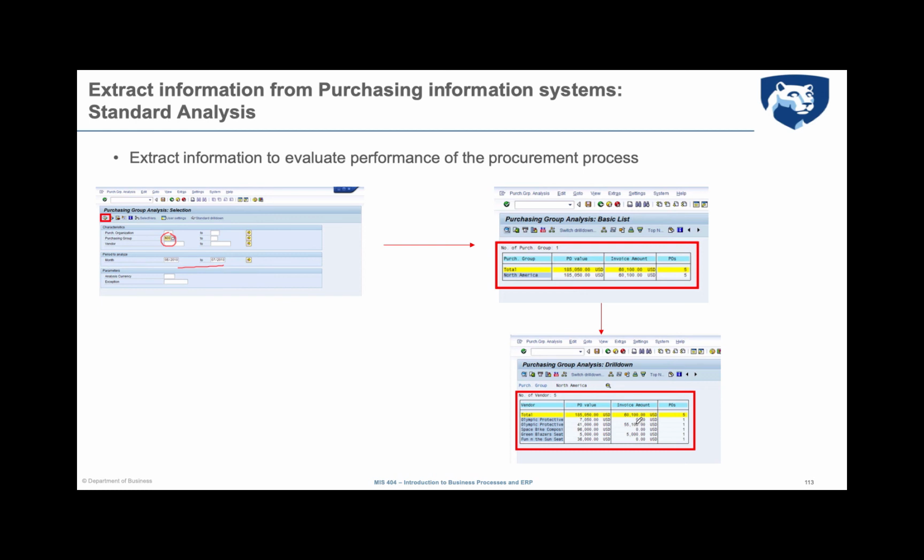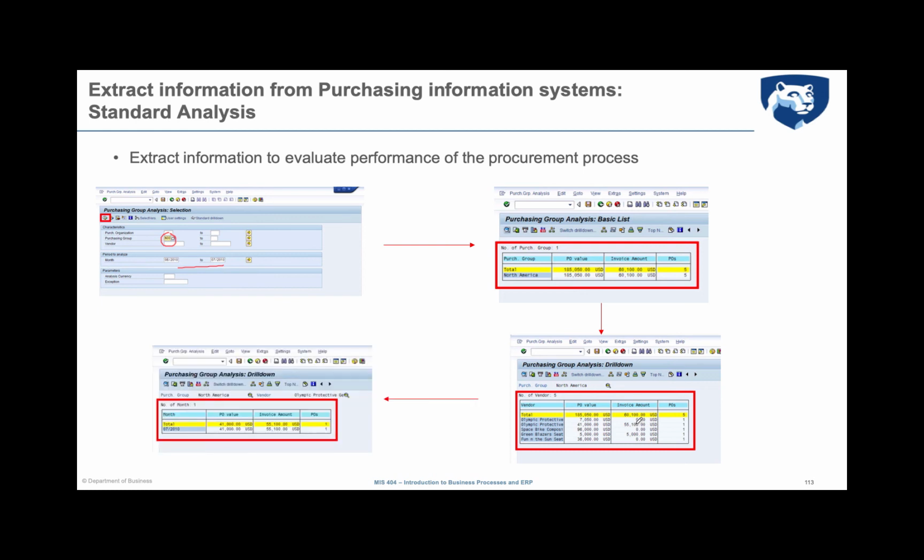If you are interested in drilling down even more, you can then select, in this case, for example, Olympic protective gear, so this one, and you can see that this Olympic protective gear 41,000 was generated in 2010 in July, and the purchase order value is 41,000 and the invoice amount was 55,100, and again there is a disalignment, so we don't know that, but maybe it is worth to explore it more in detail.